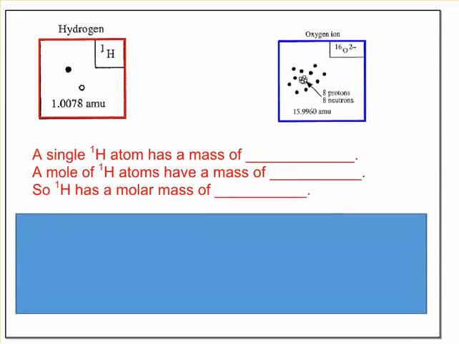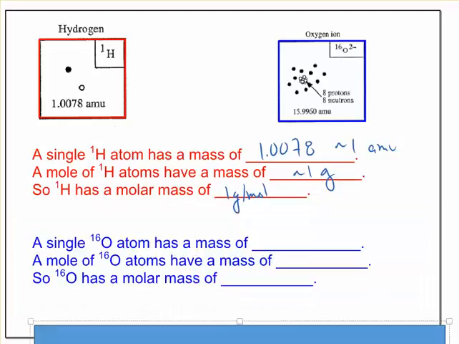Another way to look at that. A single hydrogen atom has a mass of 1.0078, or about 1 AMU. Therefore, a mole of hydrogen has a mass of 1 gram, or hydrogen has a mass of 1 gram per mole. A single oxygen atom has a mass of 15.9960, which is about 16 AMU.